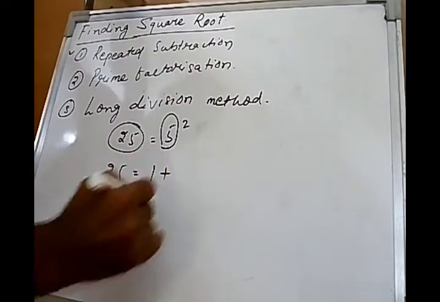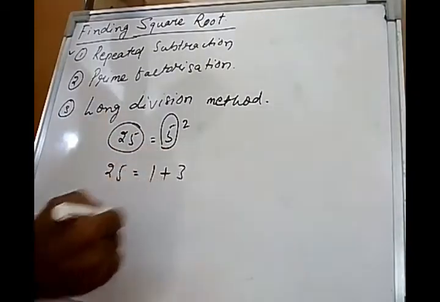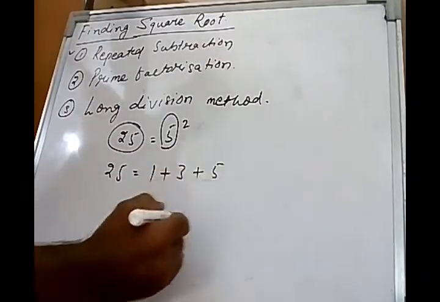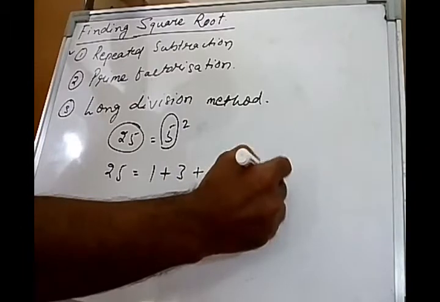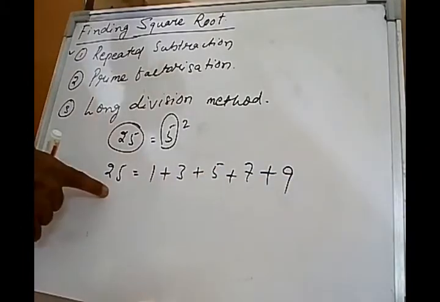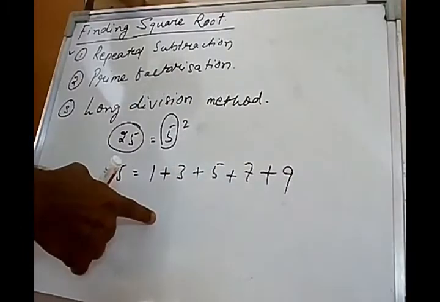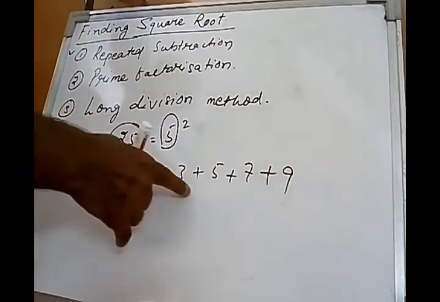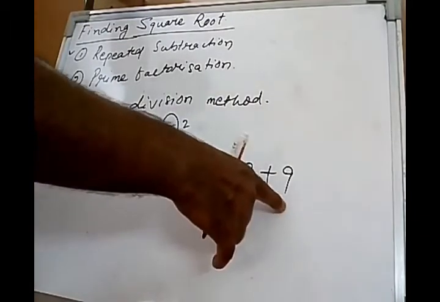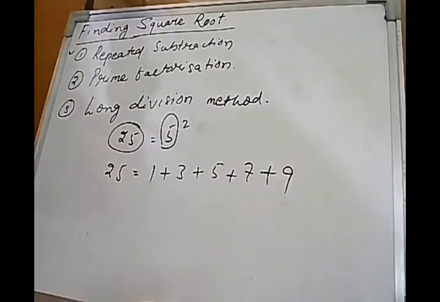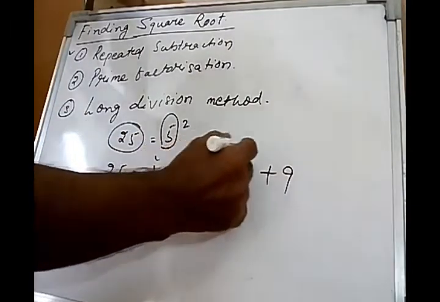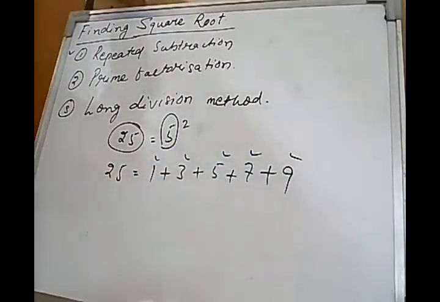That is, the first odd number is 1, then 3, then 5, then 7, then 9. So 25 is the sum of these 5 odd numbers. Now see here 4, 9, 16, 25. Whenever we subtract 1, 3, 5 and so on one by one from 25, we will get 0 at the end. So let's check.